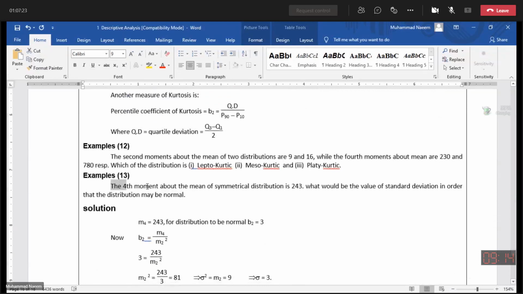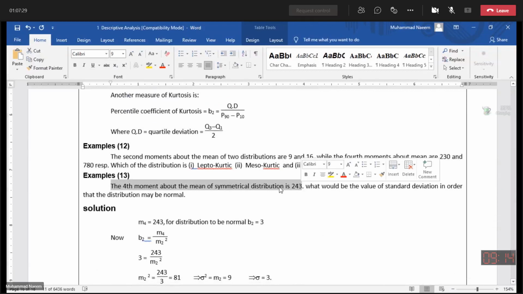We are given the fourth moment about the mean for a symmetrical distribution. What would be the value of standard deviation for the distribution to be normal?